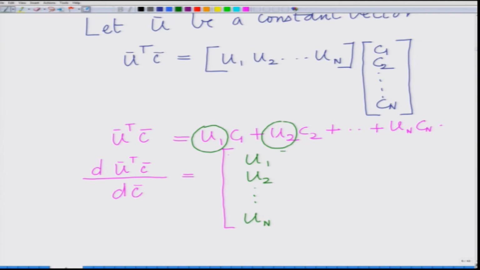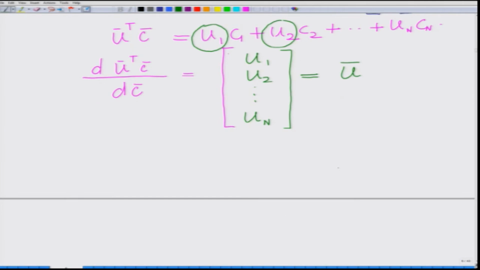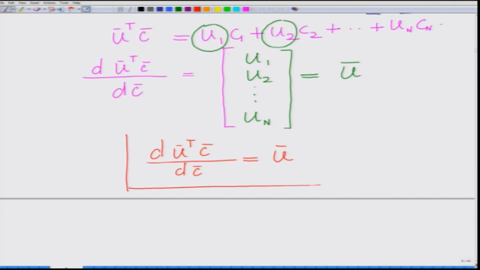With respect to C n the partial derivative is u n, and therefore this is equal to nothing but the vector u bar. Therefore, we have this interesting result that the derivative of u bar transpose C bar with respect to C bar is u bar.